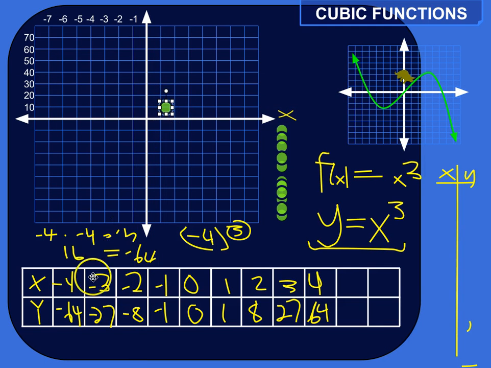So x is -4, so 1, 2, 3, 4, and then -64, so that's 10, 20, 30, 40, 50, 60, and a little bit more.